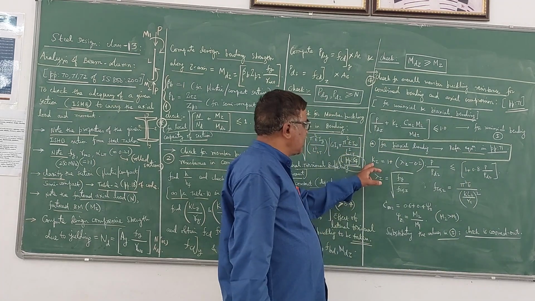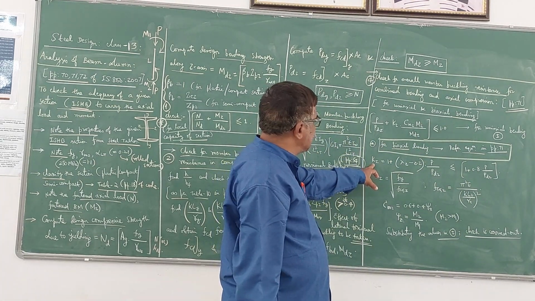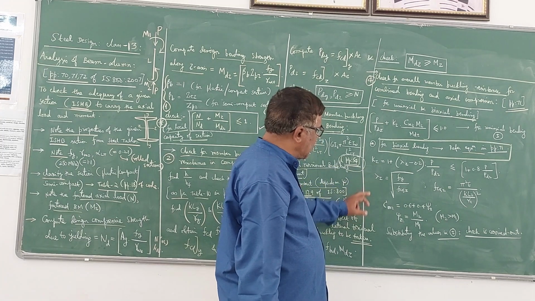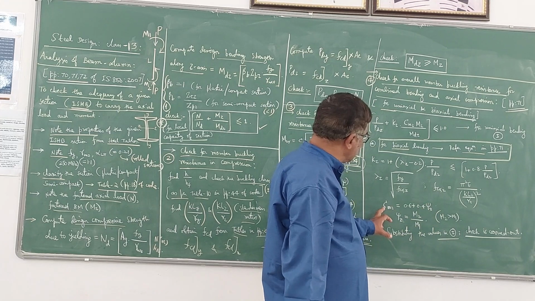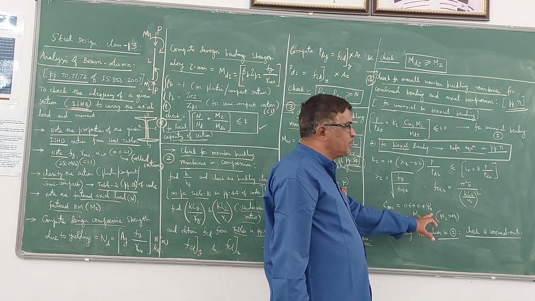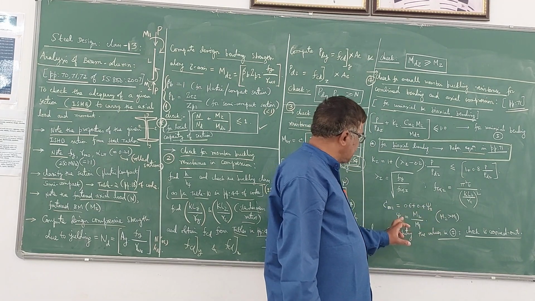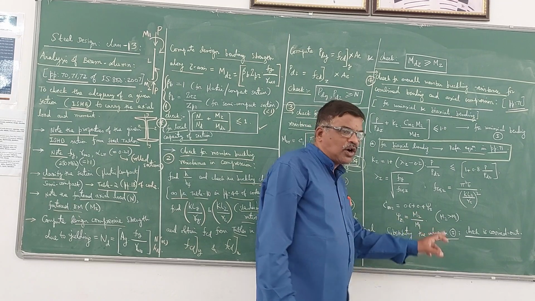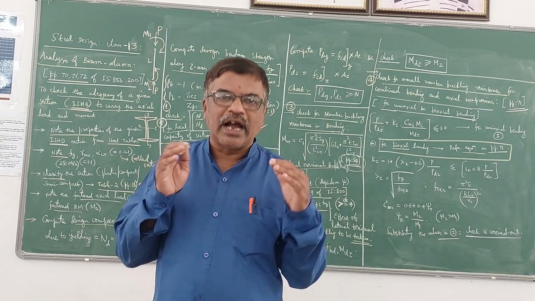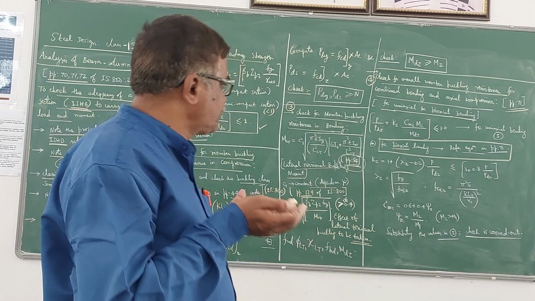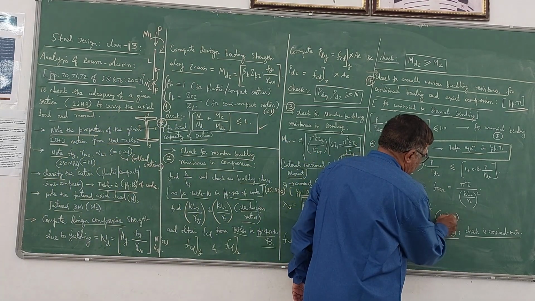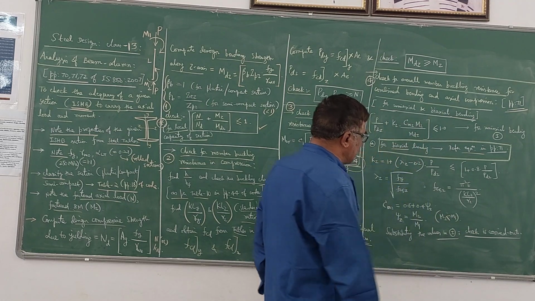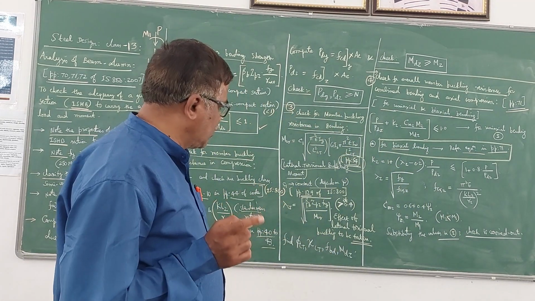So we have to calculate all these constants: Kz, lambda z, and Fcrz, and of course its stress value. Then Cmz we have to calculate, which depends on the value of psi z, where psi z is the ratio of the end moments. The higher value is taken in the denominator, the lower value is taken in the numerator.